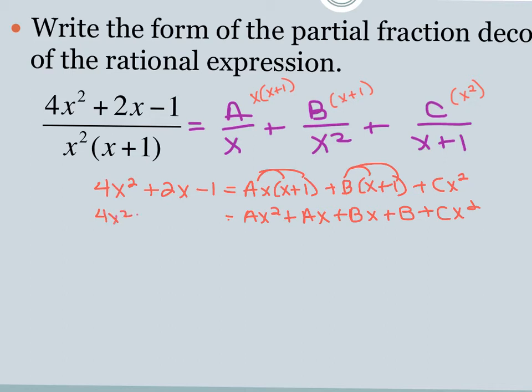So if this is an equation in which it's balanced, then whatever's on the right-hand side should equal whatever's on the left-hand side. So the next thing I'm going to do is group together all of my x squareds and all of my x's and all of my constants. So I have ax squared and cx squared. I'm going to group those together.